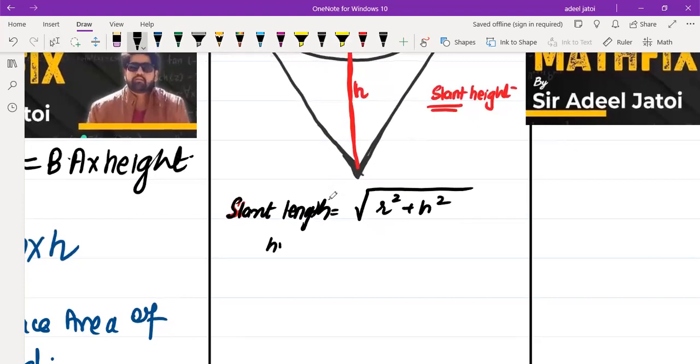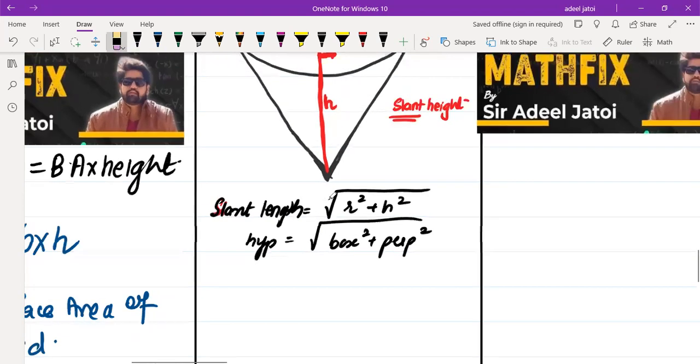That means hypotenuse square is equal to base square plus perpendicular square. Now, when we are using the under root, we take off this square. So this becomes your Pythagoras theorem. There are a lot of questions where the examiner will directly ask you what is your slant length.